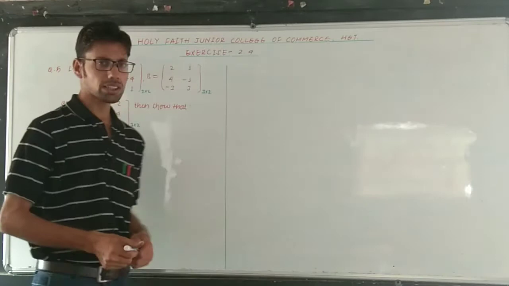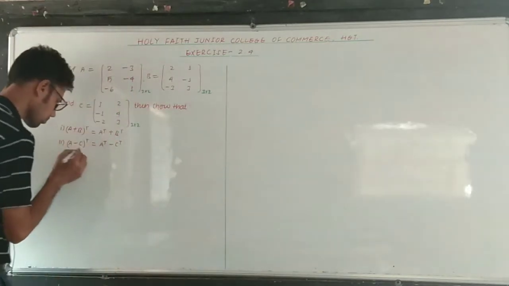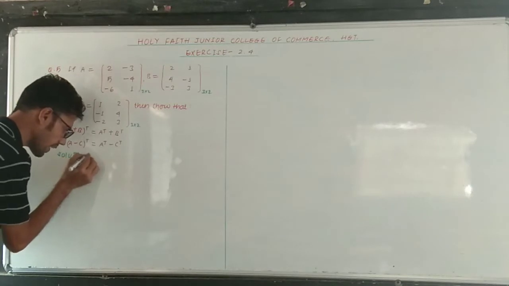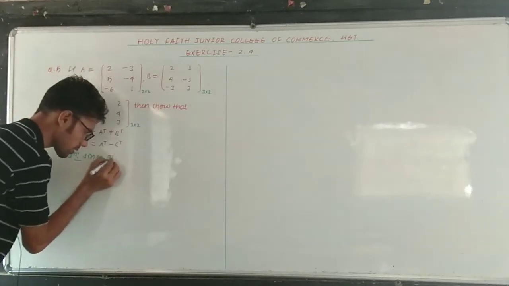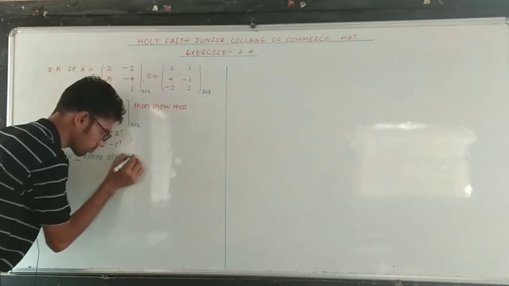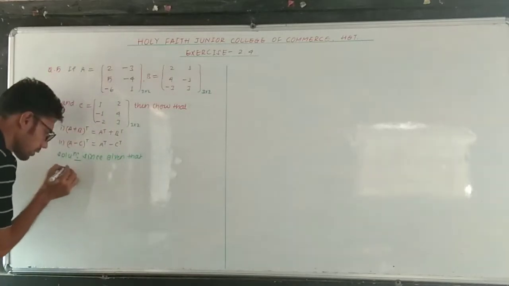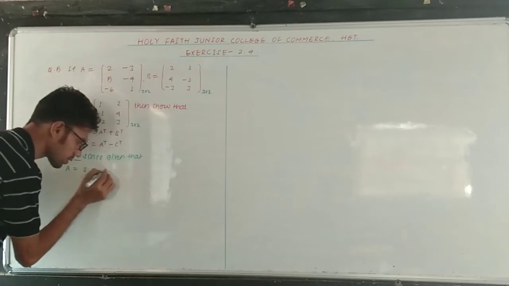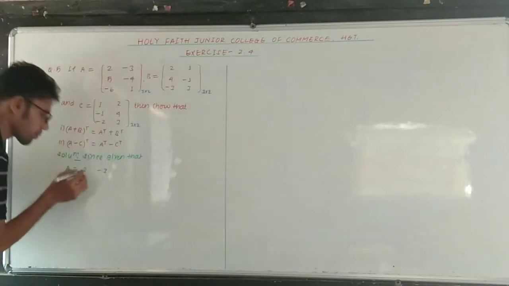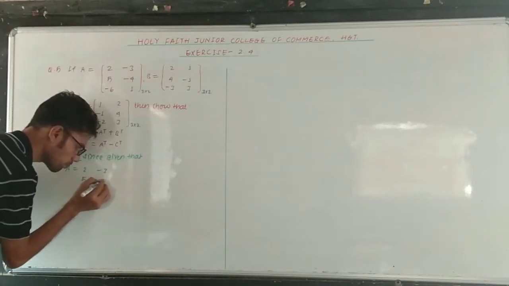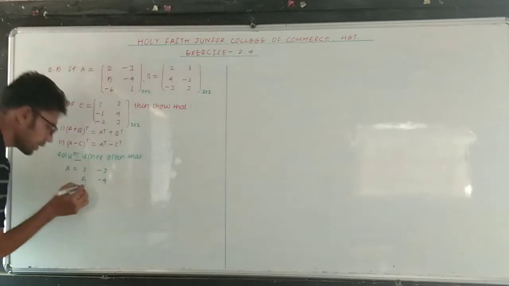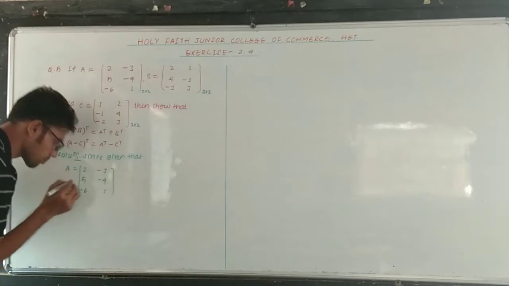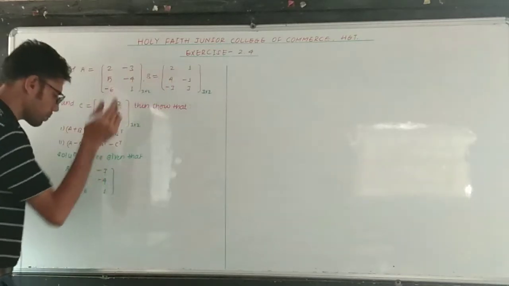What is given here? Given that capital A matrix is 2, minus 3, 5, minus 4, minus 6, 1. And what is the value of B matrix?